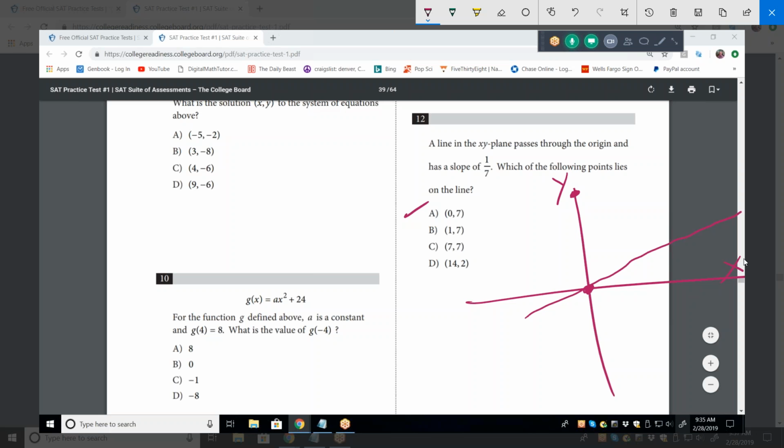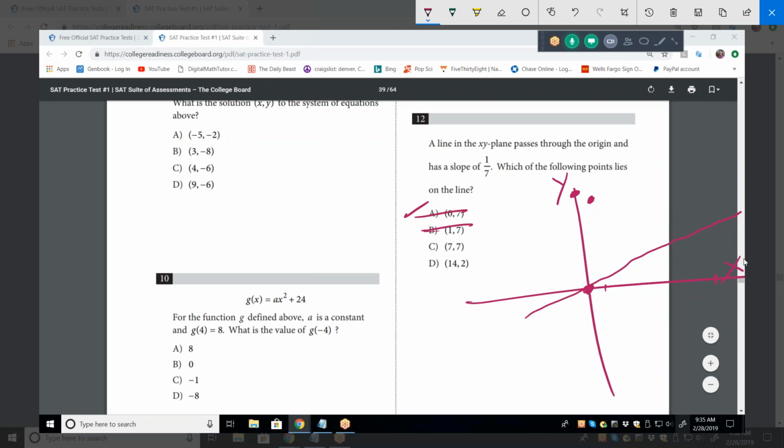Yeah, because isn't that like the first? Well, now hold on. Here would be 1. 7 would be way up there. Oh, okay. So no, that doesn't lie on there either. 7, 7. If I go all the way to 7 here, am I going to get up to 7 on the top? No, I don't think so.